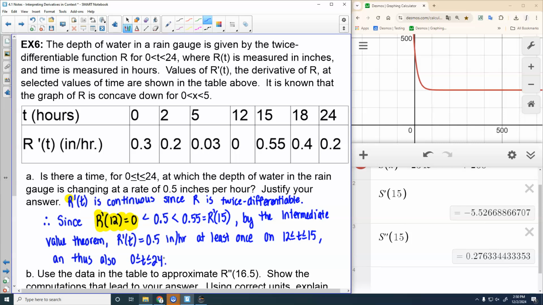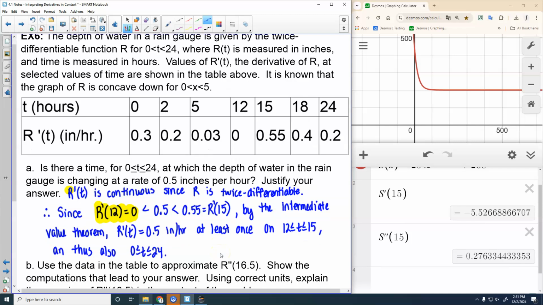I think if you skip to the conclusion of just from 0 to 24, you'd probably get away with it here. But technically, since you're just considering from 12 to 15, it's this interval, which is part of the bigger interval they're looking at, and would guarantee that same outcome. Okay.